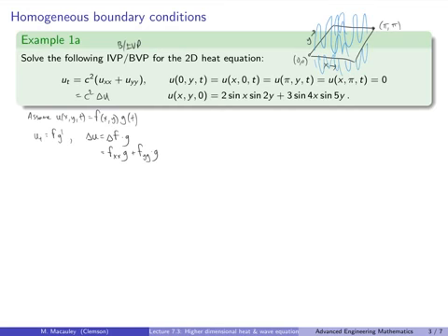Okay, let's use these 0 boundary conditions now. So the first one is u of 0, y, t is f of 0, y times g of t, and that equals 0. Well, what can we conclude?